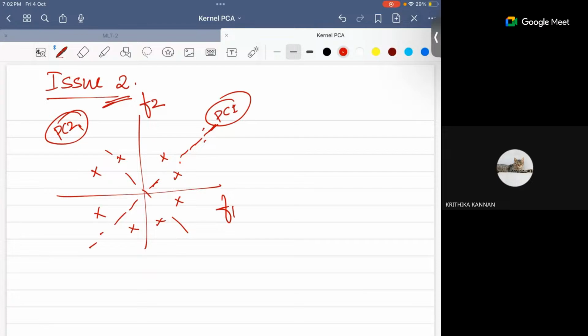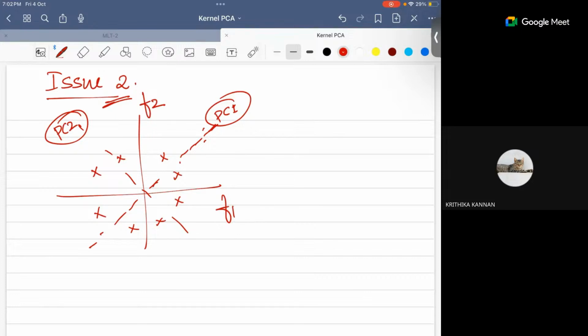Like if you are working in 4-dimensional or 5-dimensional space, but the data set is lying on a two-dimensional plane or a one-dimensional line, or some flat hyperplane, then it becomes very simple for the PCA algorithm to work on that and find those patterns.